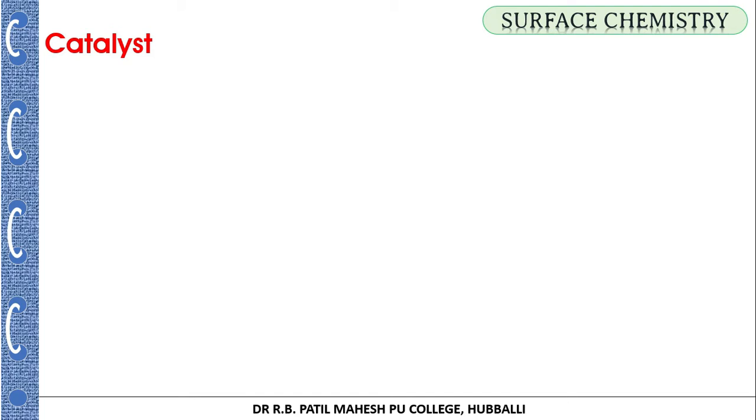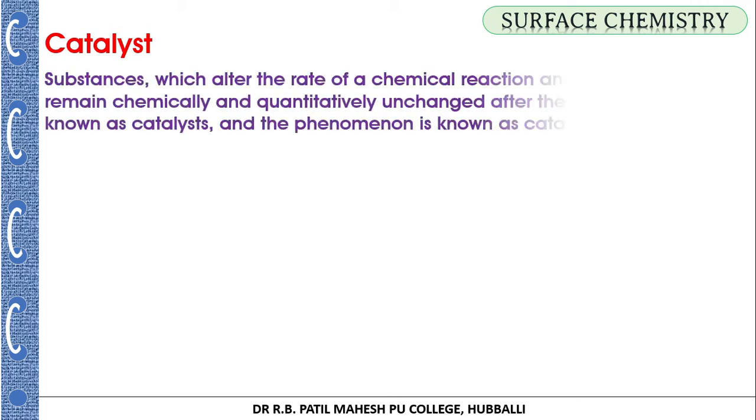Once again, I repeat, a catalyst is a substance that alters the rate of a chemical reaction, and itself it remains chemically and quantitatively unchanged after completing the reaction. That is called a catalyst, and this phenomenon is called catalysis.